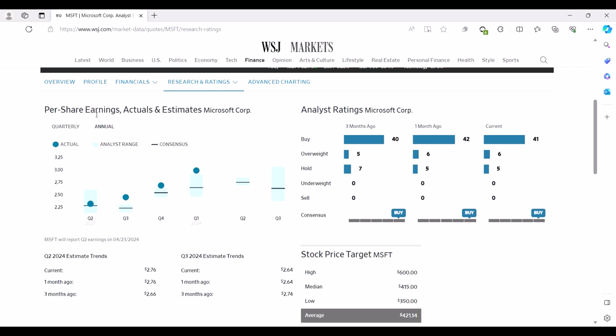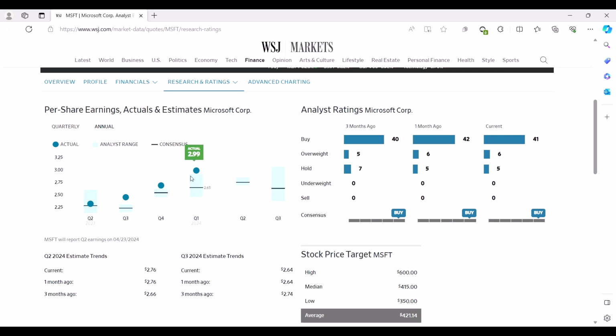So this is showing their per share earnings. As you can see, Microsoft's per share earnings have been pretty phenomenal throughout 2023 going into 2024. They've been hitting 2.32 per share in Q2, 2.45, and they've just consistently been increasing their per share earnings.